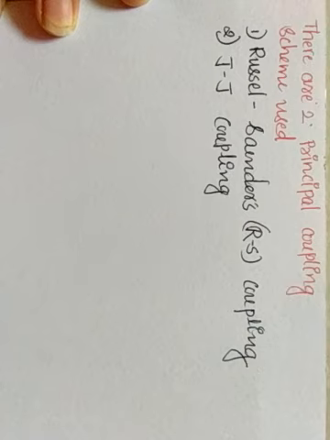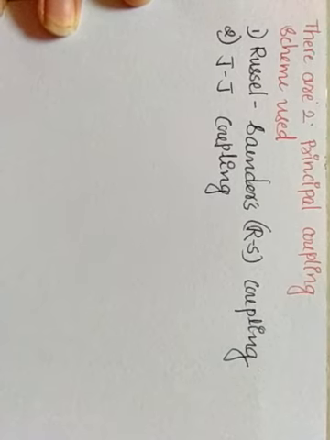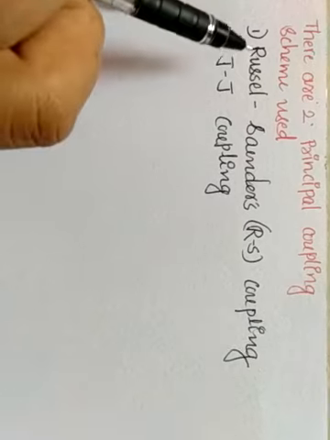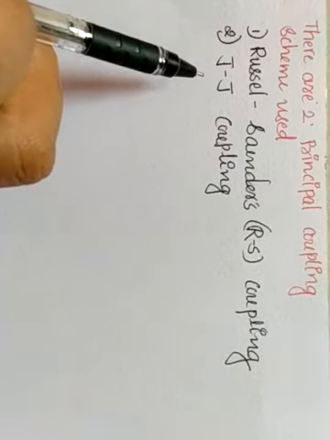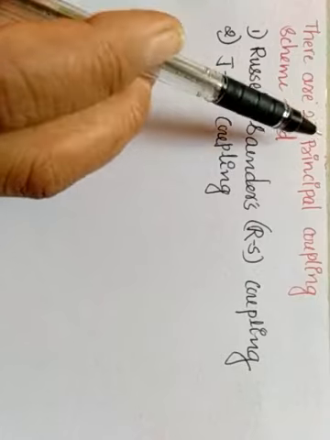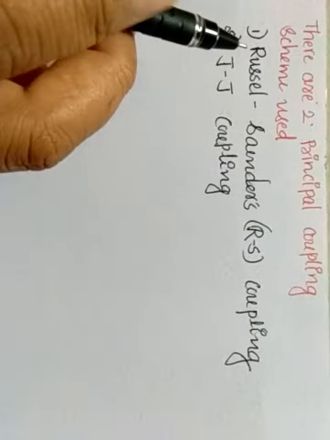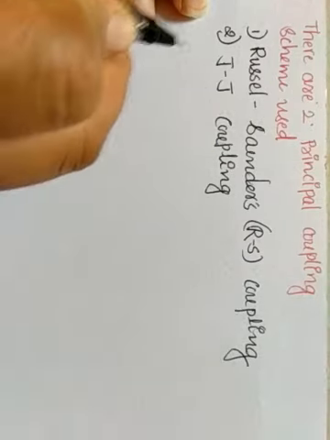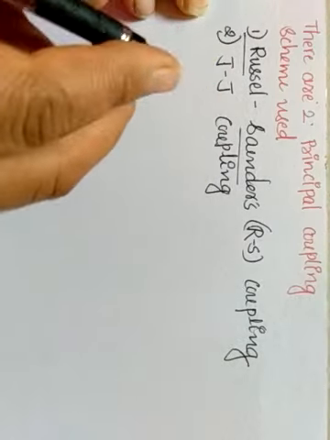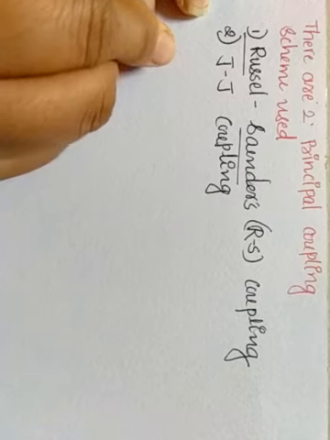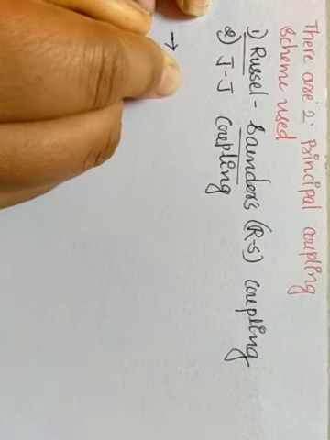There are mainly 2 principal coupling schemes used. The first is RS coupling, Russell-Sanders coupling, and the second one is JJ coupling. These 2 principal coupling schemes are mainly used. The first one is Russell-Sanders, that is RS coupling.